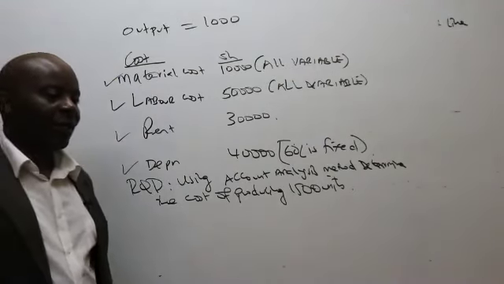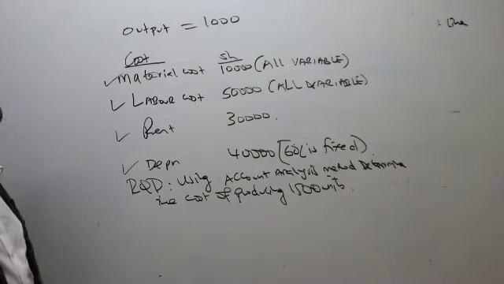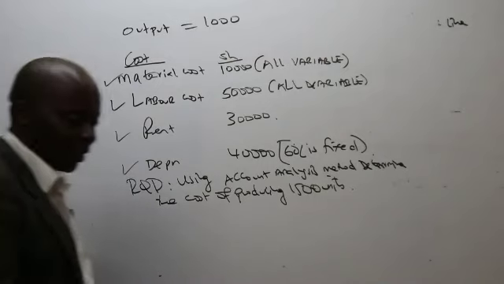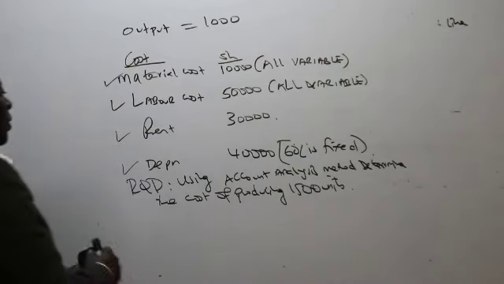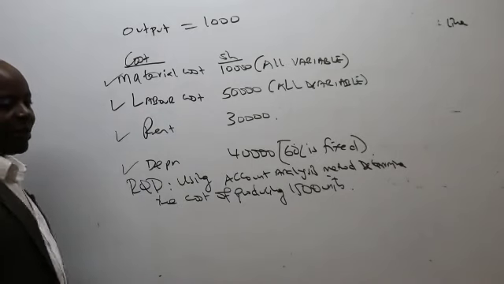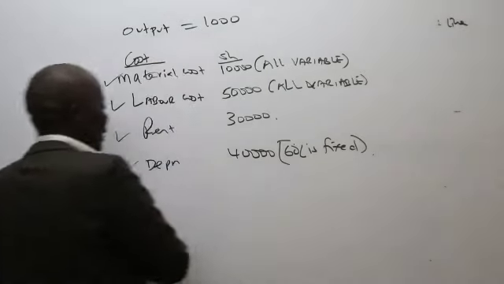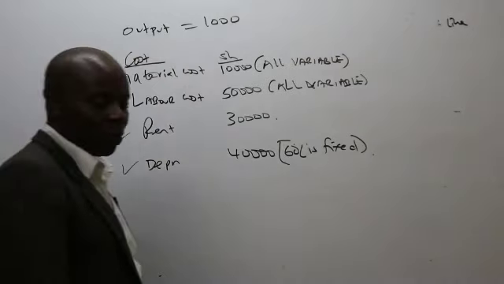Okay. So the cost of producing 1,500 units. Solution. This is quite an easy thing. What am I supposed to do here?